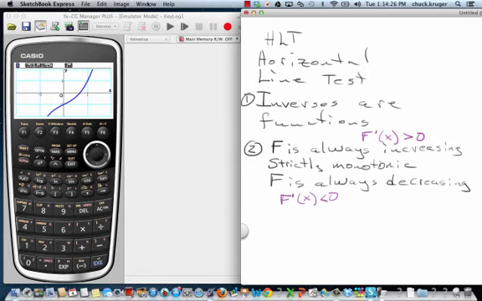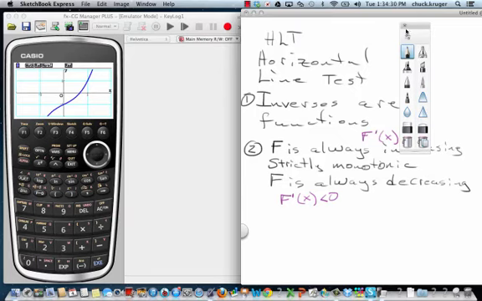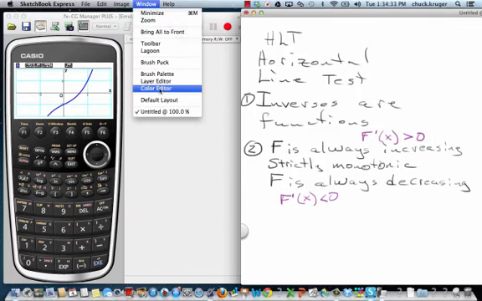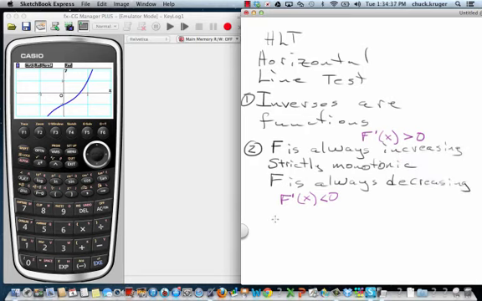I'll give you an example of that. Again, I'm going to change my color palette back to black. Here's my example. If I have the equation f of x is equal to x cubed plus 1, and I take its derivative, I have 3x squared.